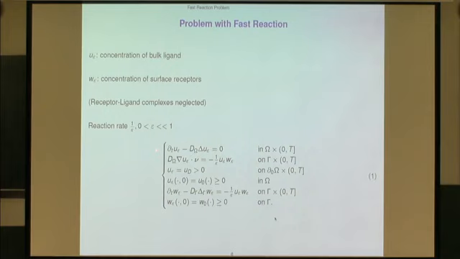So I have this equation now in Omega with these boundary conditions for the bulk ligand concentration, and a surface equation which looks like this. I'm interested in the case when this parameter epsilon is very small.